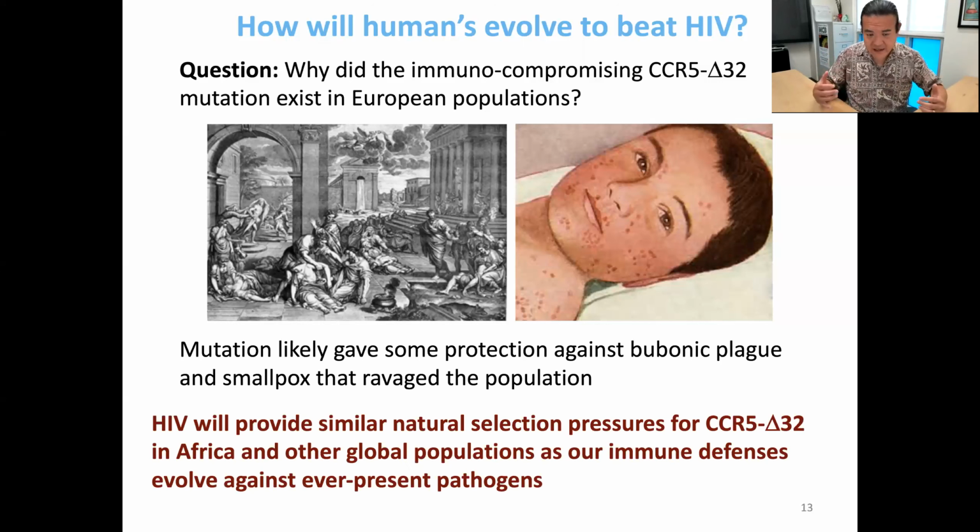HIV today provides that similar natural selection process, a selection pressure to favor the CCR5 delta 32 mutation in places like Africa, right? And over time, perhaps that protection will spread among the human species, right? And more people will be born with this delta 32 mutation to protect them against things like HIV.